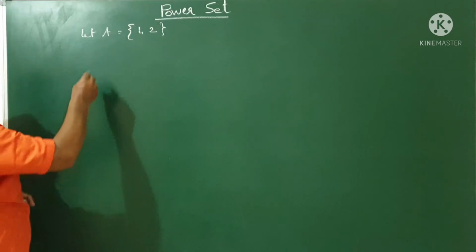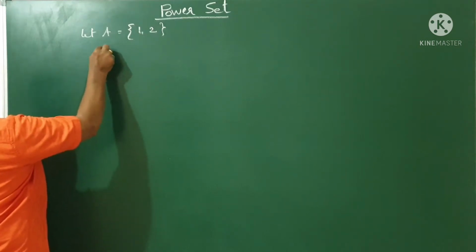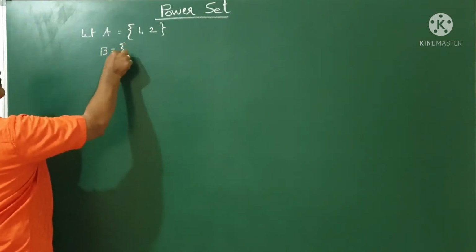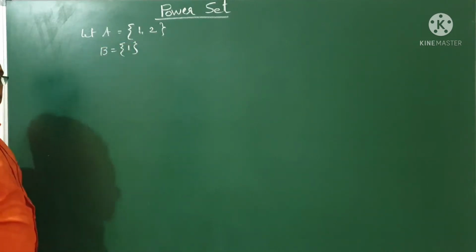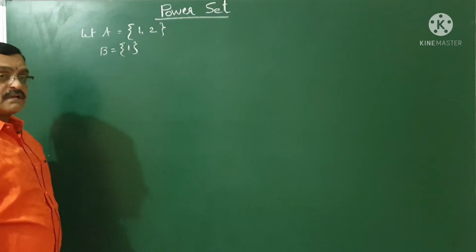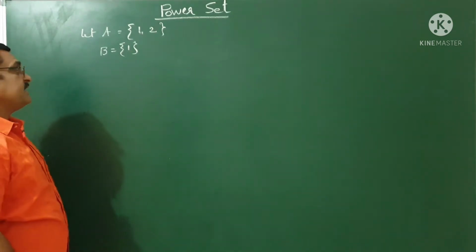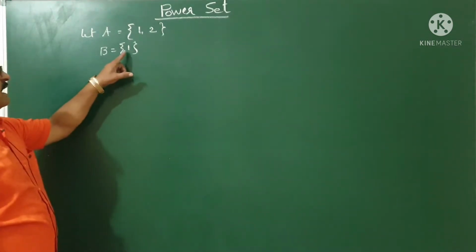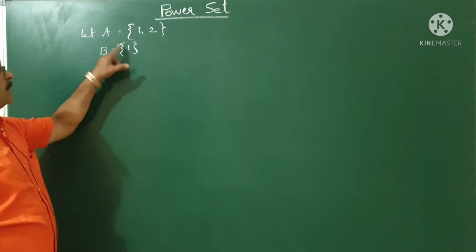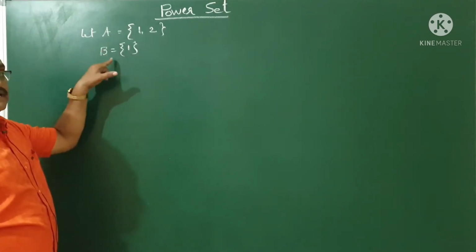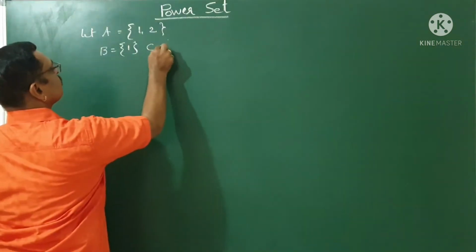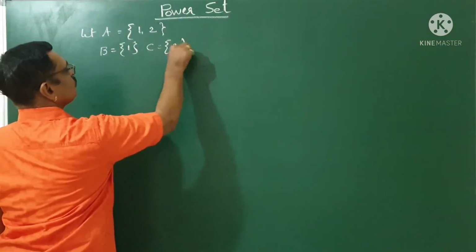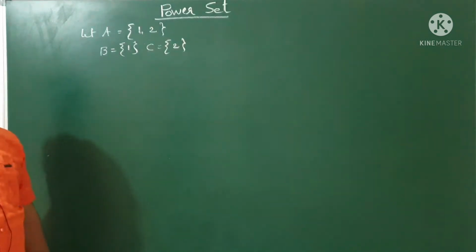Now, say for example, I have set B, which contains only one element, 1. Is B a subset of A? Yes. It is a subset of A. Why? Because every element of B belongs to A. Therefore, B is a subset of A. Similarly, C equal to {2} is also a subset.